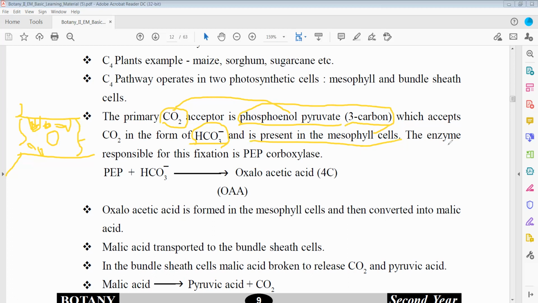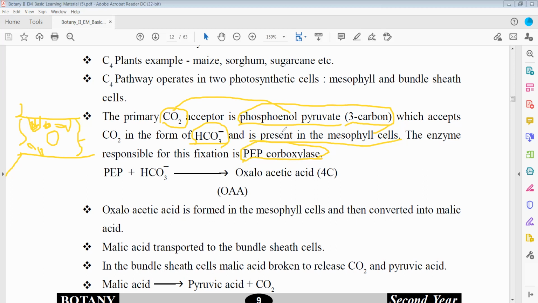Which enzyme is responsible for the uptake of carbon dioxide by PEP? That is PEP carboxylase. This enzyme helps phosphoenol pyruvate take up carbon dioxide.